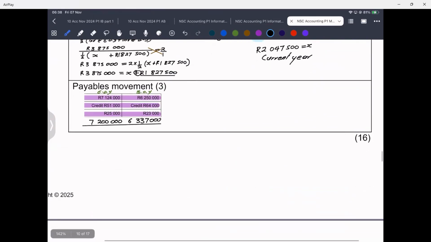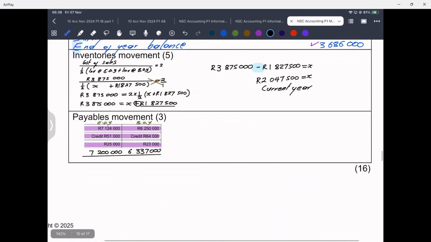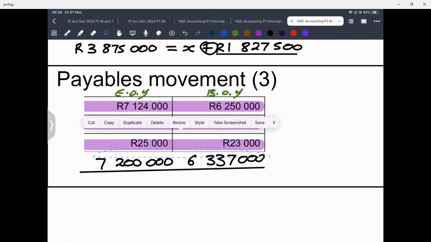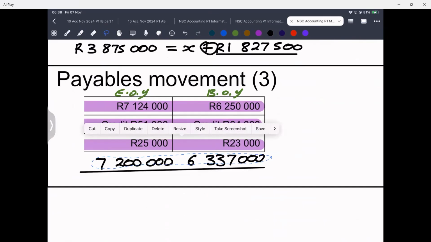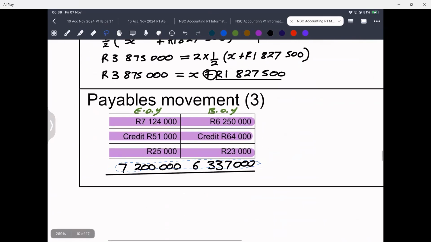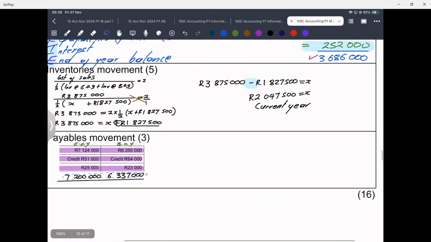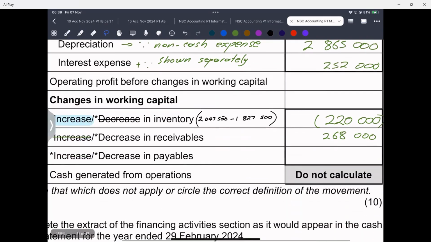You will notice that your trade and other payables have actually gone up, which is good cash-wise. For future cash, it's bad, but for current year's cash, it's good.